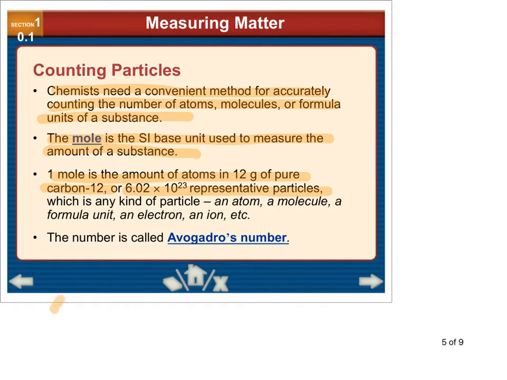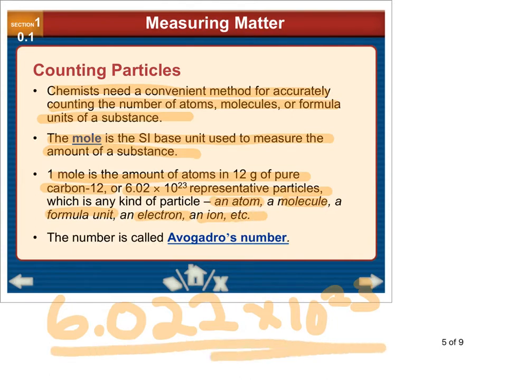We will be using 6.022 times 10 to the 23rd, just adding one more sig fig on it. And representative particles can be atoms, molecules, formula units, electrons, ions, and other things. And then this number, 6.022 times 10 to the 23rd, is called Avogadro's number.